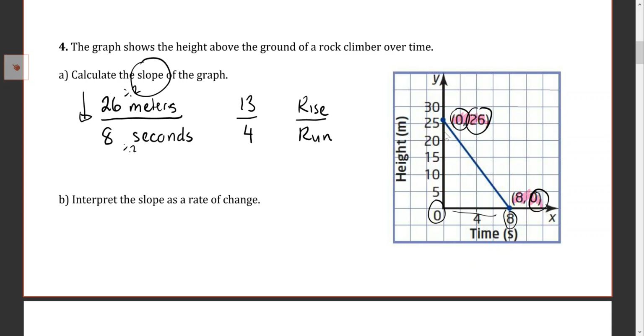Now we've missed something here, because what did I say at the very top about a line that goes in this direction? It's a negative. So our rise is actually a negative. We've gone down, so it's negative 26 meters, right?